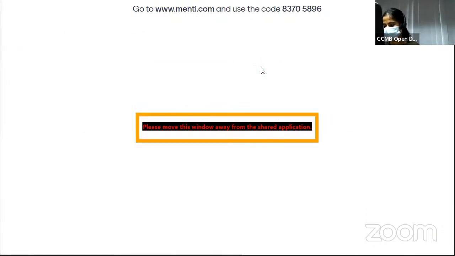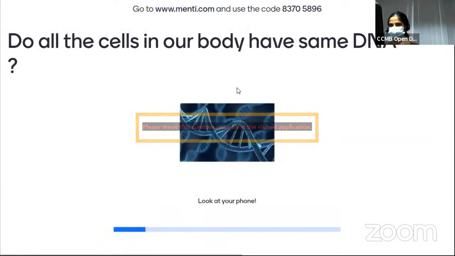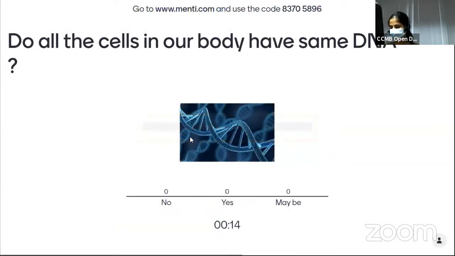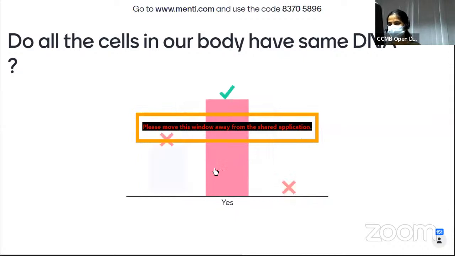Moving on to the next question. Do all the cells in our body have the same DNA? As options we have are yes, no, or maybe. So answer is yes.